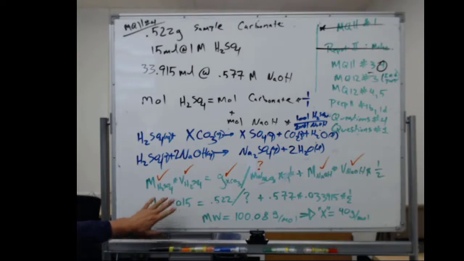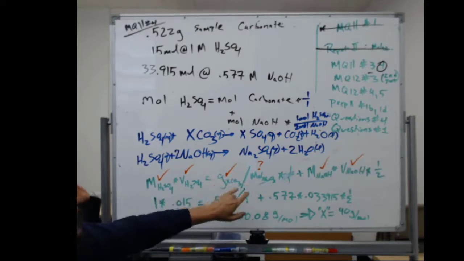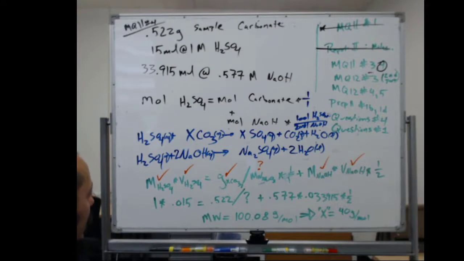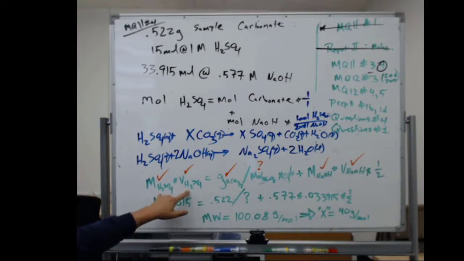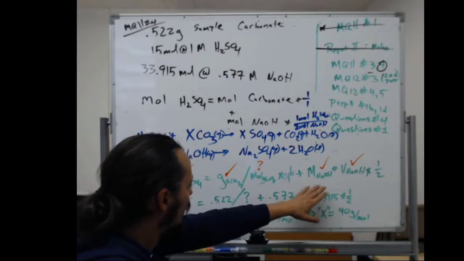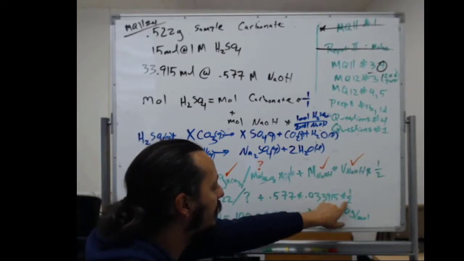Oh, for this. Okay. So first off, I had a typo. Make sure that you had grams divided by molecular weight, not times. Otherwise that's going to ruin everything. And then I did my molarity times my volume. So that's going to give me 0.015 because it's just a 1. And then over here, I'm going to take 0.57 times 0.03915 divided by 2.